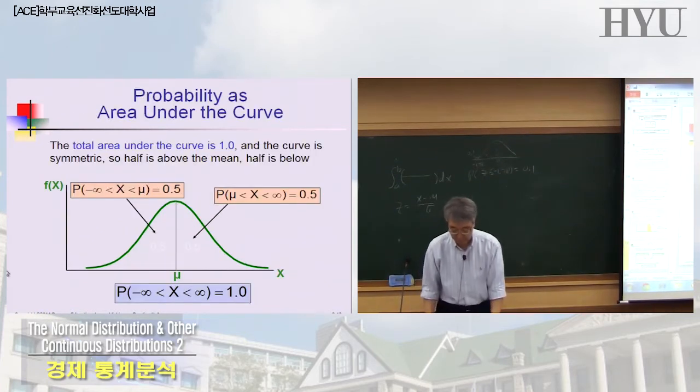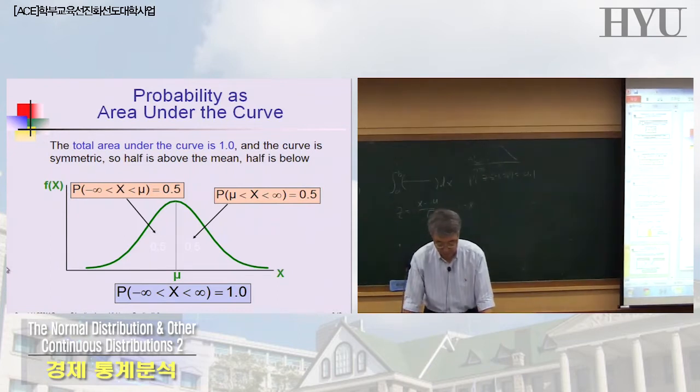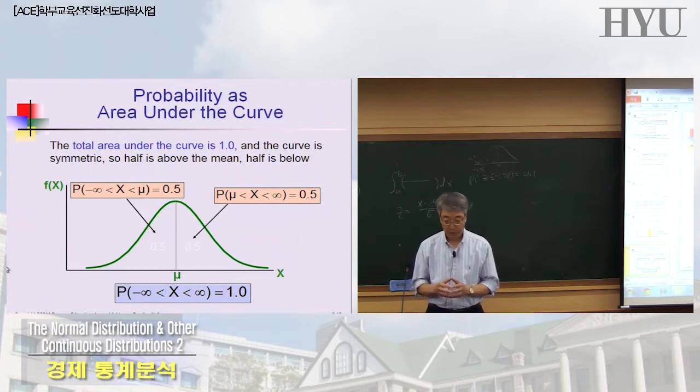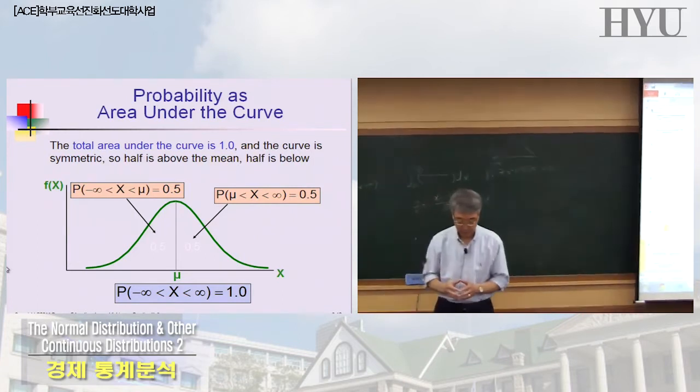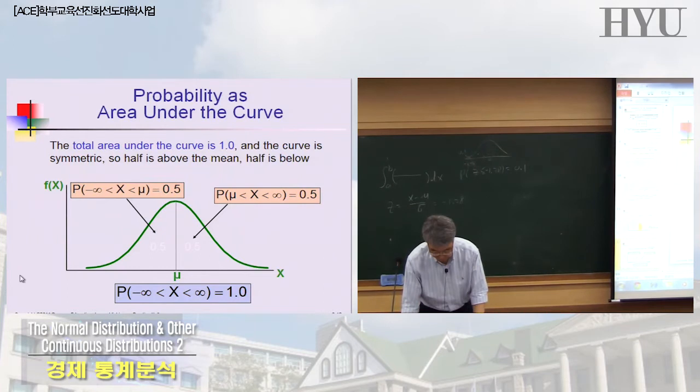As we've just talked about, the distribution is symmetric. So left half is 0.5, and the other half of the probabilities are distributed on the right-hand side. So make sure you understand that idea.